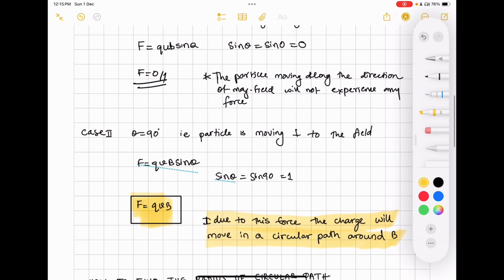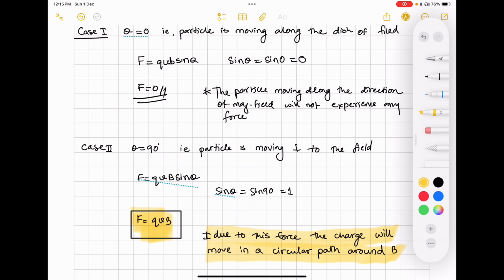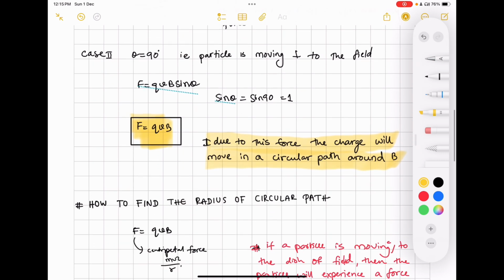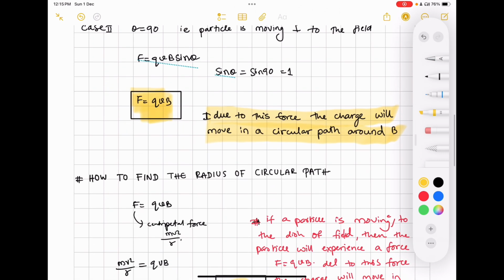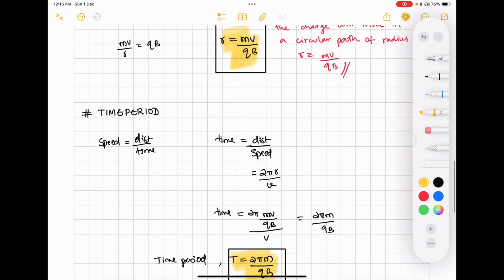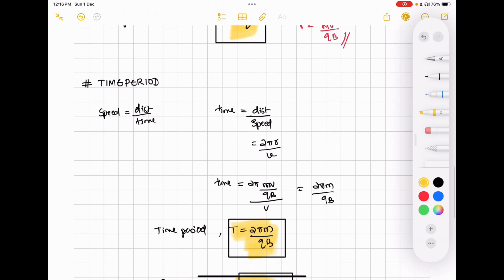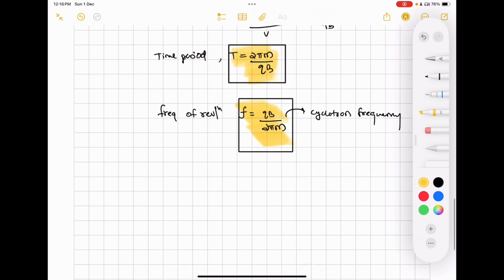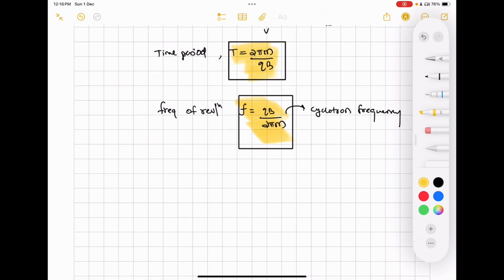If the particle is moving perpendicular to the field, the force will be QVB, and the charge will move in a circular path around B with radius r is equal to mv divided by qb, with a time period of revolution 2 pi m by qb, or a frequency of revolution qb divided by 2 pi m, which is also called cyclotron frequency.